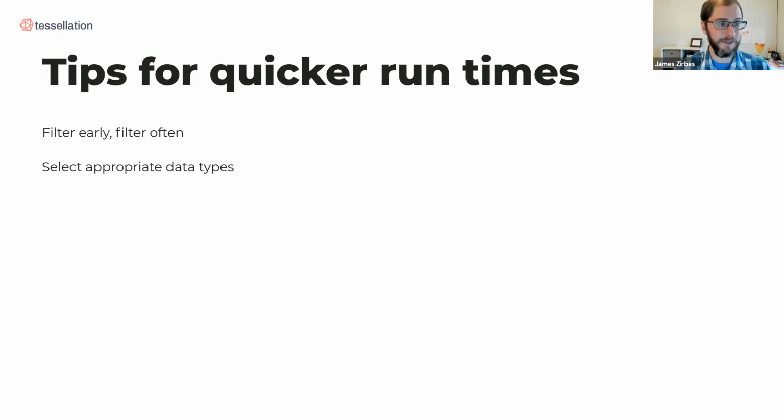Not everything needs to be a float. A lot of times a small integer or a byte field or something like that will do. It won't truncate anything. You'll have the same quality of data, but it's going to be a lot smaller, a lot less data to move around in memory or back and forth between systems. So understand your data types.